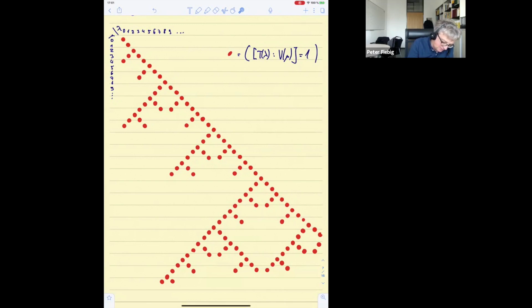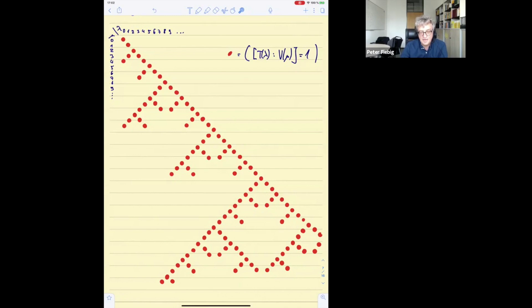And every third step, it splits off a ball with energy 3. But every 9th step, it splits off a ball with energy 9. And every 27th step, it splits off a ball with energy 27. And a ball with energy p to the n is allowed to split off balls with energy p to the n minus 1 and so on.